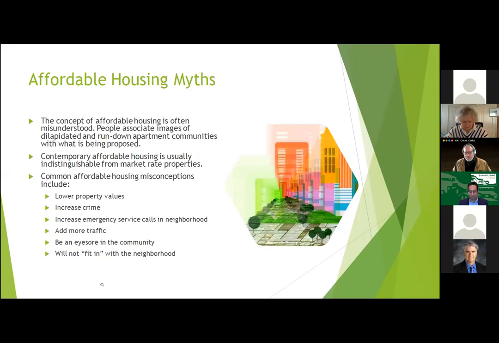And so there's a big myth that affordable housing, especially new construction, diminishes property values. It's just the opposite. You can see in communities where new affordable housing has been built, it either elevates the property values around the area or encourages more development given the architecture and design.